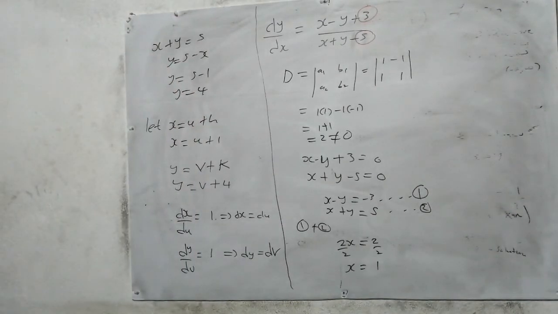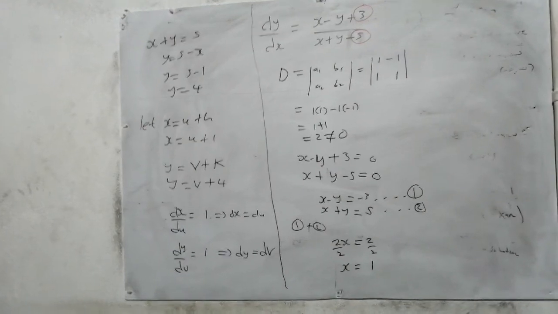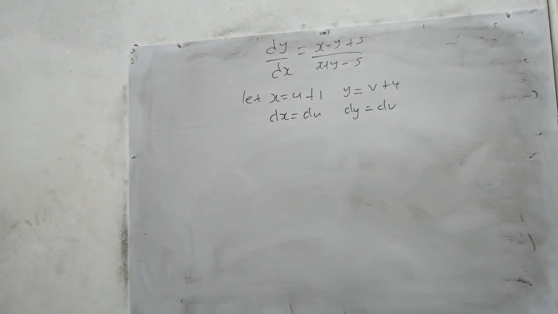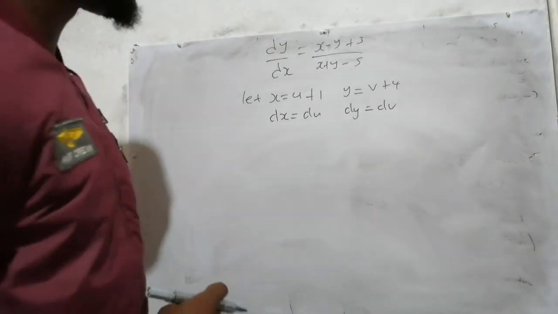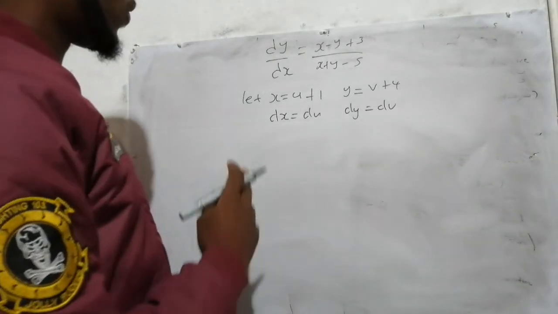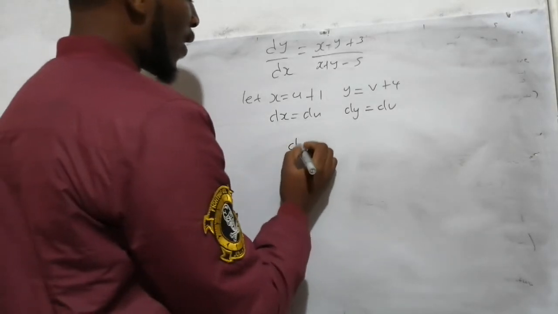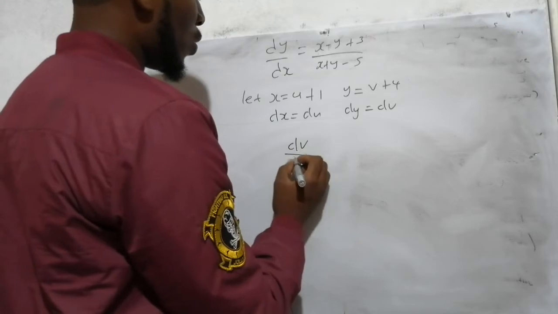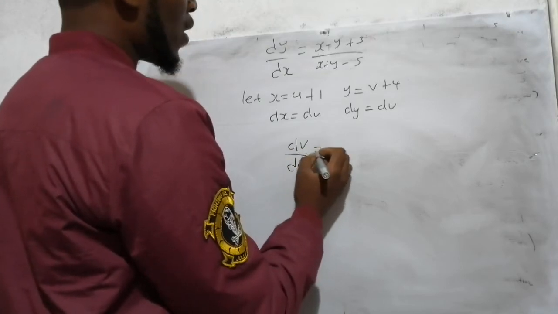So now we're going to perform some substitutions. So in place of dy we can put dv, and in place of dx you can put du, since they're equal.